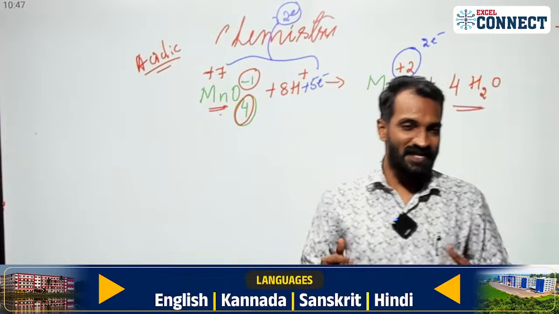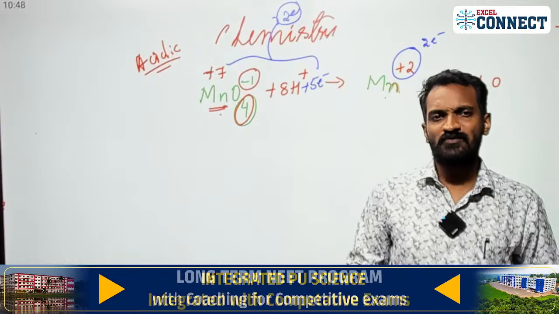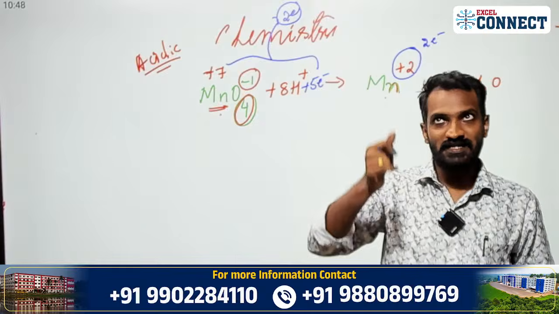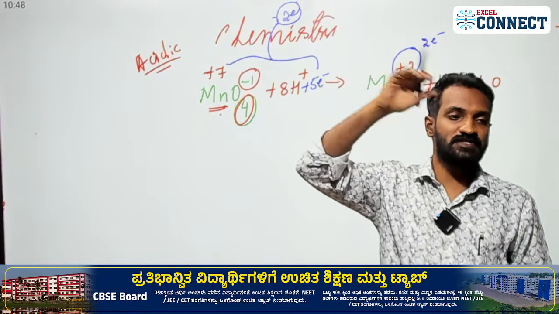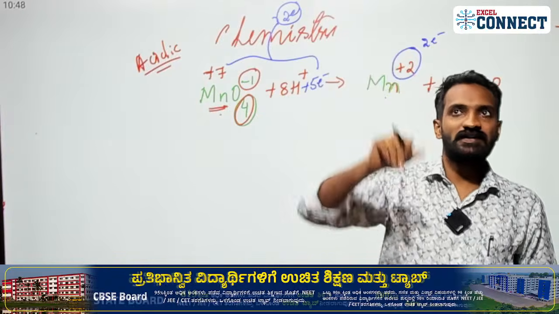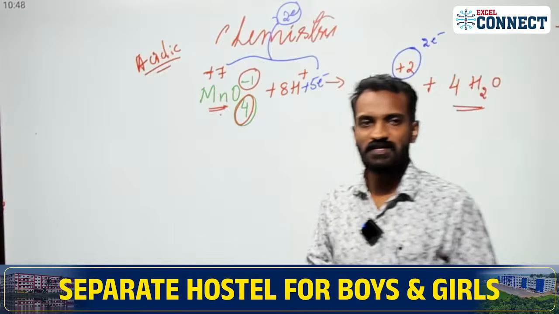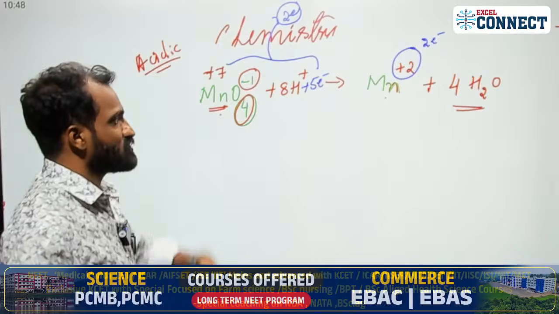Why I am teaching right now is that you should know this, then it becomes so easy for you. Once you start with the class, immediately you will come to know, oh, sir told like this. How to balance: whichever side more electrons are required, that side you have to add electrons. So this is the simplest way of balancing equations, my dear students. Do you have any doubt, my dear students, in this particular case? You can ask.